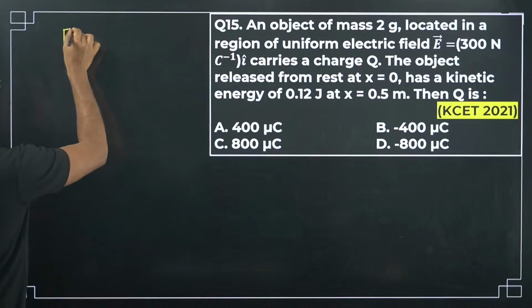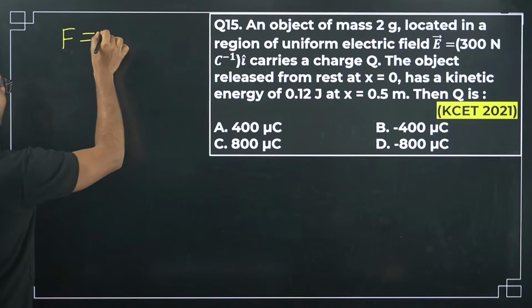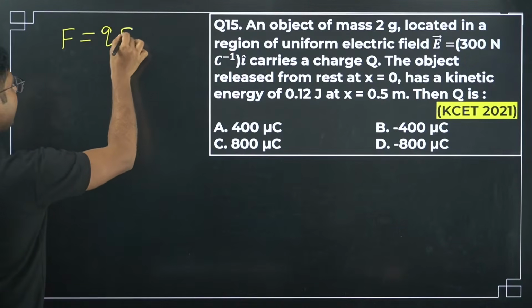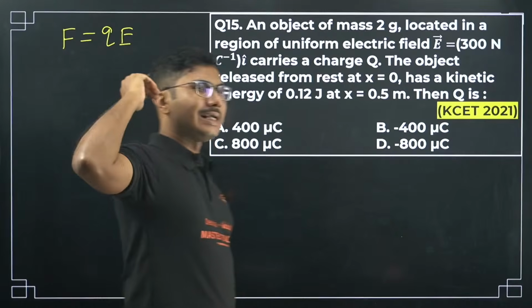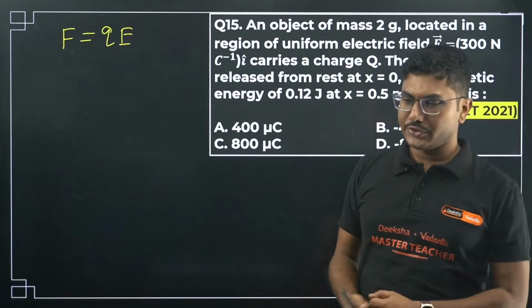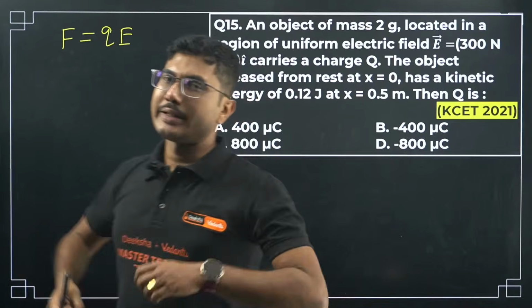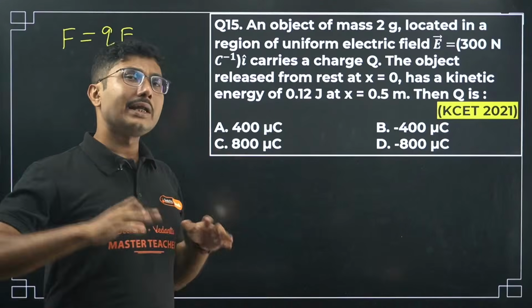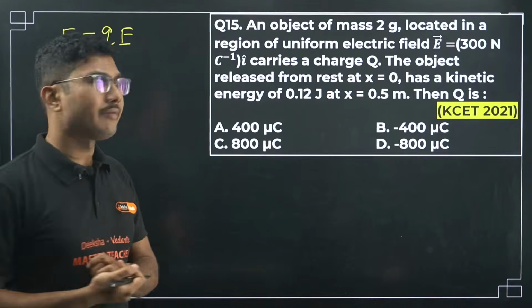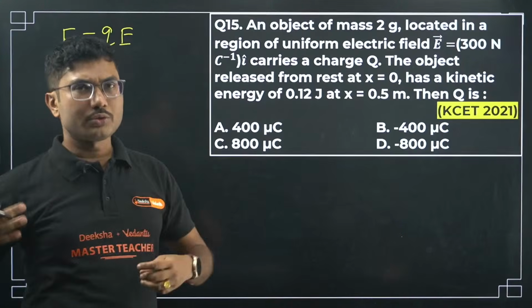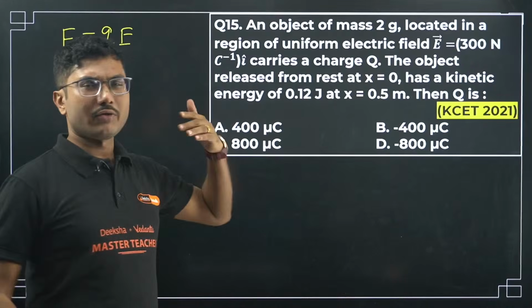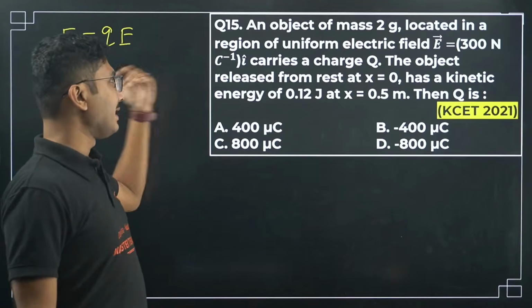Force, again we start with our known fact. Force is given by Q into E. For 99.99% of the questions, the vector nature is not that relevant. There will be some cases where it is relevant, but in most cases it is just given for the technicality of the question.